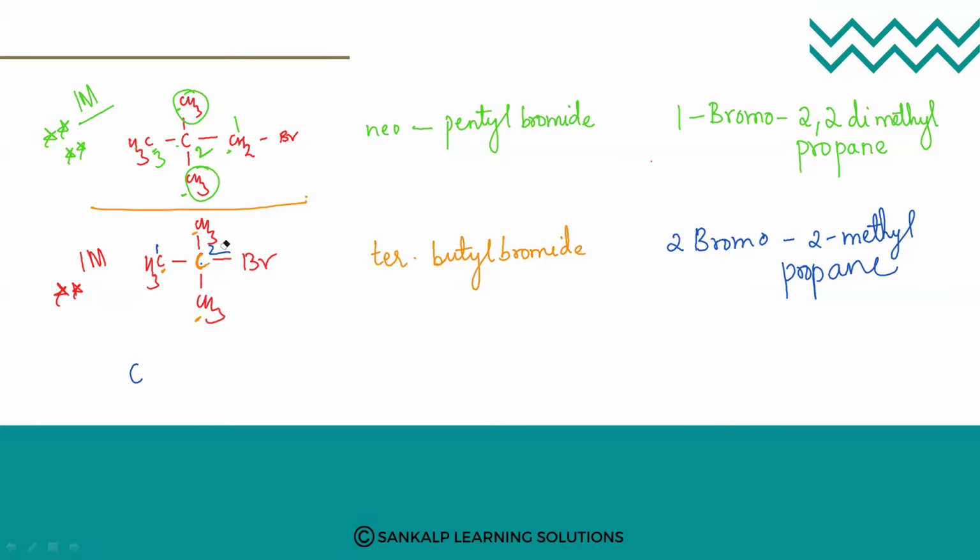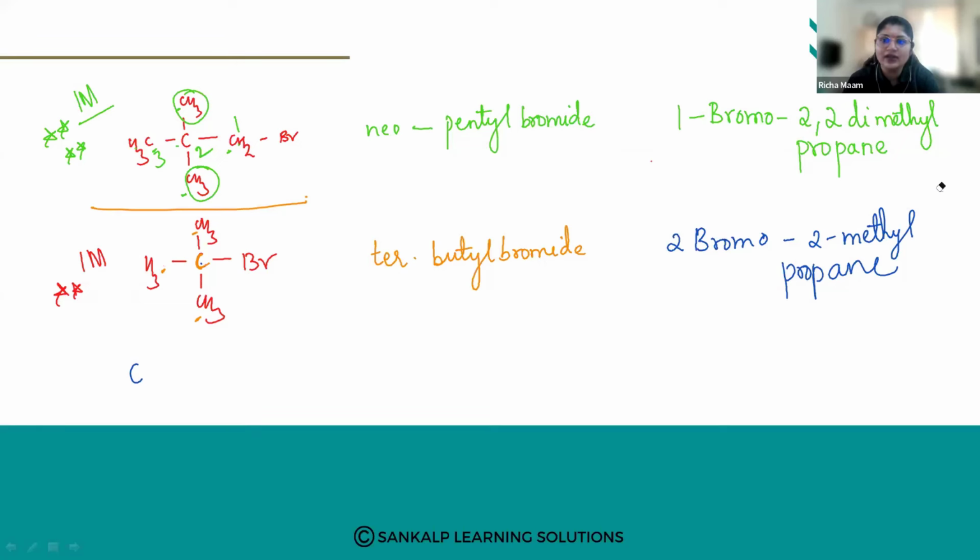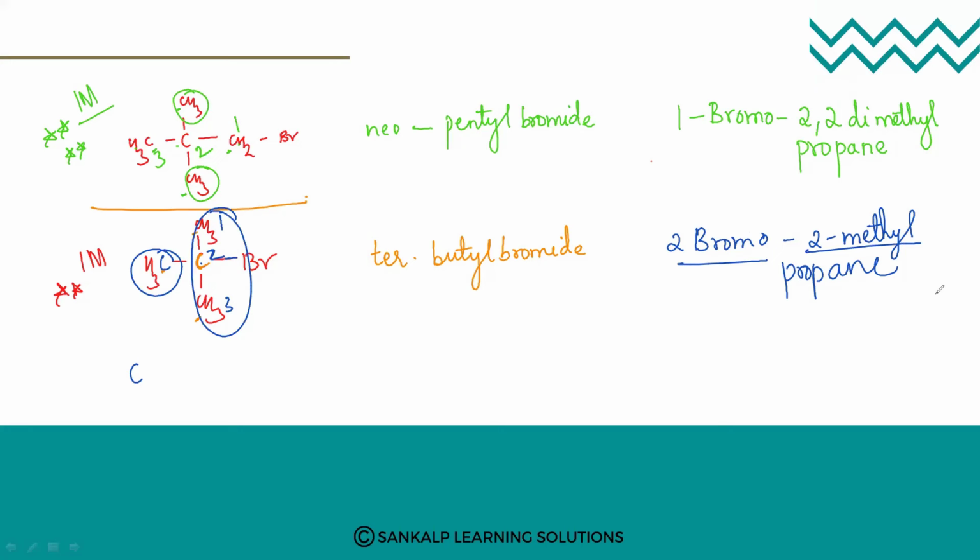If I consider like this, it will be 1, 2, and 3. So at 2 position, I have bromo, so 2-bromo. Then at 2 position, I have this methyl, so 2-methyl, and then propane. Yes, the molecule is covered. So this is the structure.